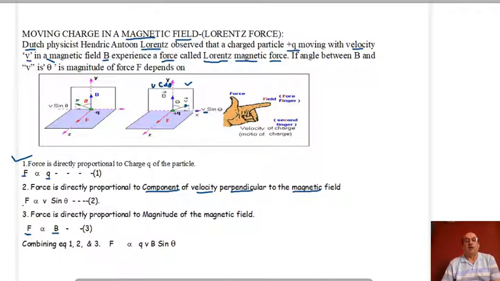So, according to Lorentz, the magnetic force depends on charge, on the component of velocity perpendicular to the magnetic field, and on the amount of magnetic field. So combining these three, we will have the equation F is directly proportional to Q V B sine theta.